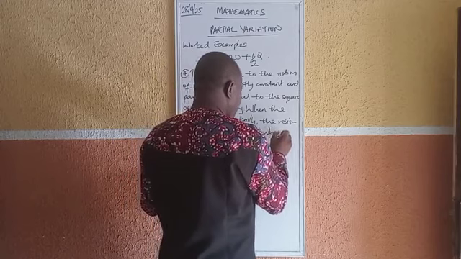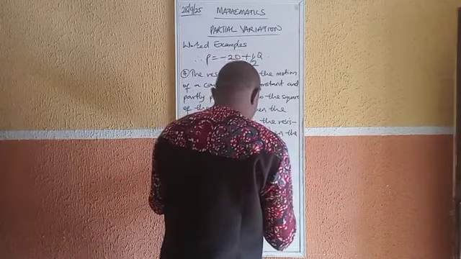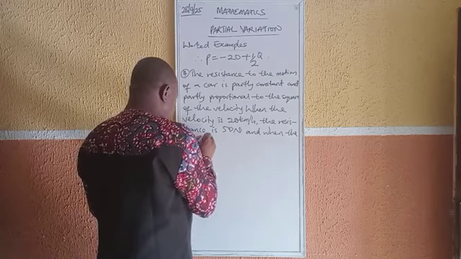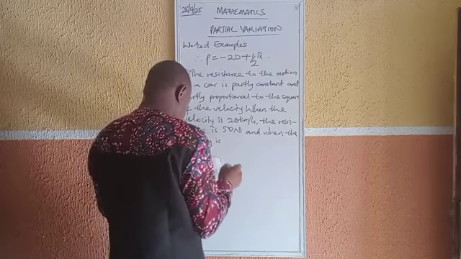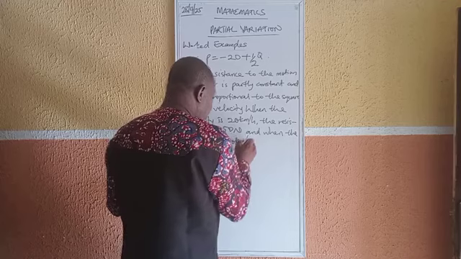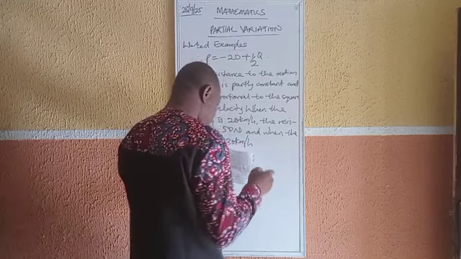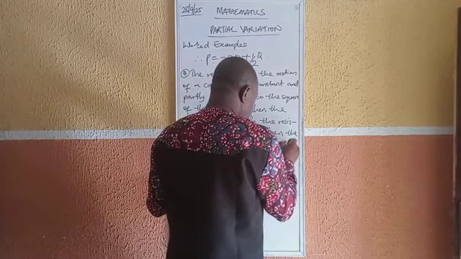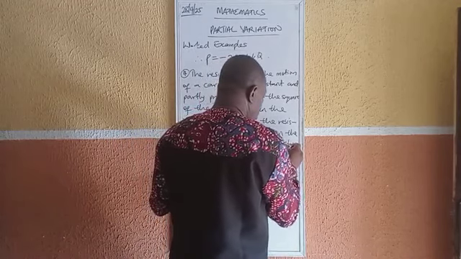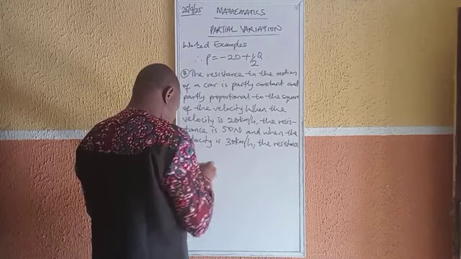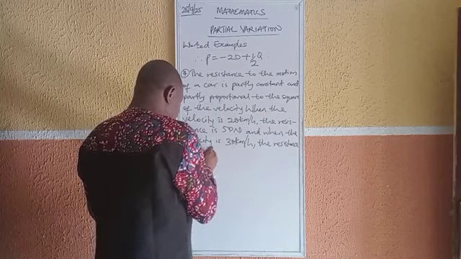And when the velocity is 30 km per hour, the resistance is 100 Newton.